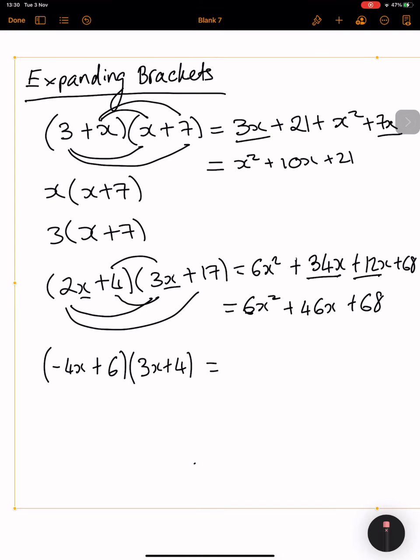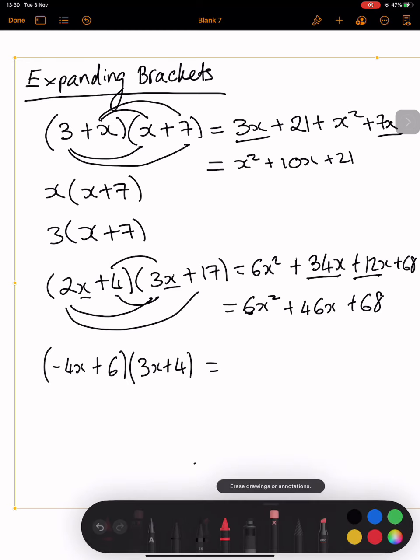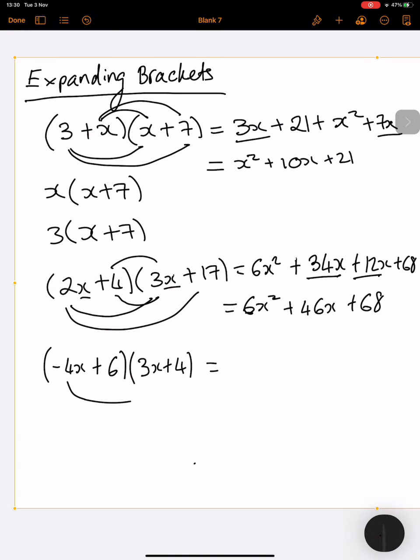So minus 4x times 3x is minus 12x squared, because there are two lots of x. You're timing the x's together, so it's x squared.